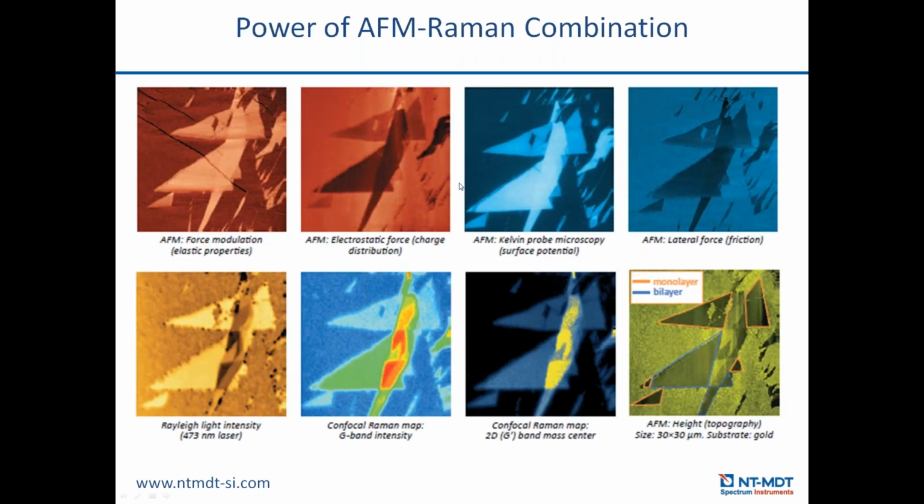One of the examples of application of this combination of AFM together with Raman is mapping of graphene on the substrate. From the top you see several images done by AFM, and at the same time we could capture a volume of Raman spectra in each point of exactly the same area, getting the optical information from this.